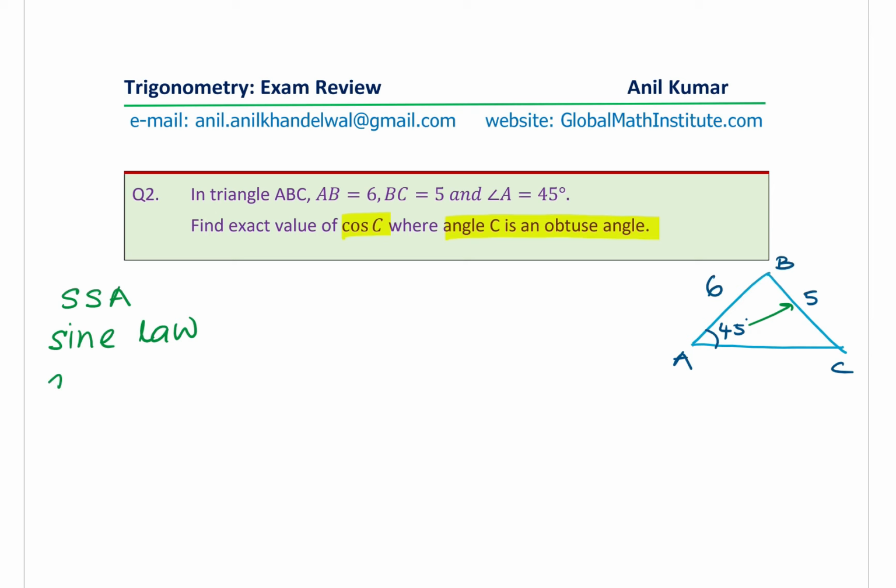But we could have an ambiguous case. That means we could have another triangle, which could look like this, where this side is equal to 5. And so we do have an obtuse angle C. Only then could we actually find the solution of this particular question.